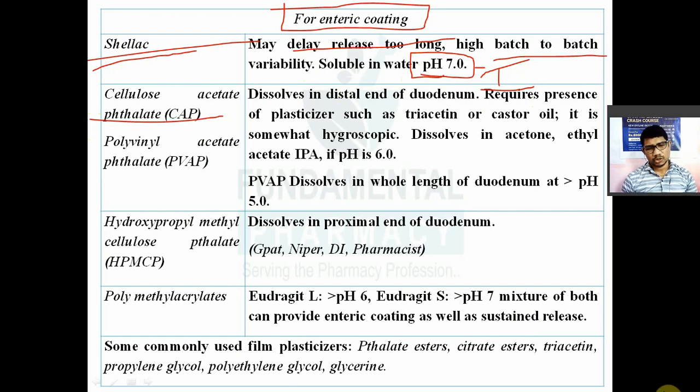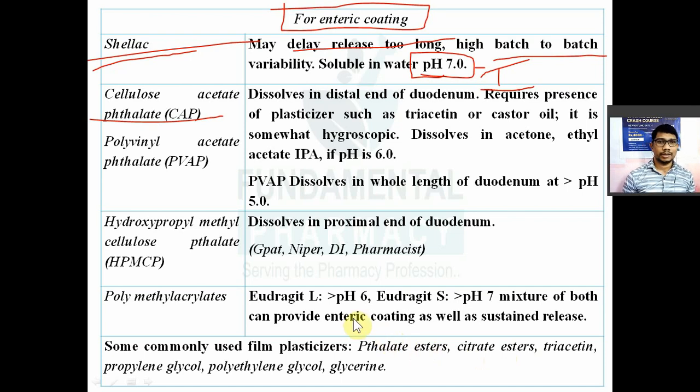So Eudragit L is there and Eudragit S is there. So Eudragit L will release the drug when pH is more than 6. जब pH 6 से ज़्यादा होगा तो Eudragit L ड्रग रिलीज करेगा, मतलब इंटेस्टाइन में, and when pH is more than 7, Eudragit S will release the drug.